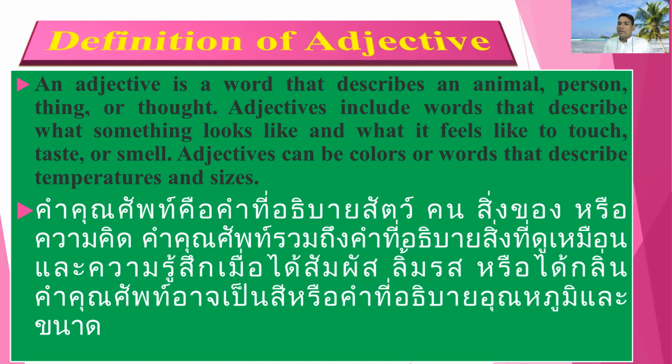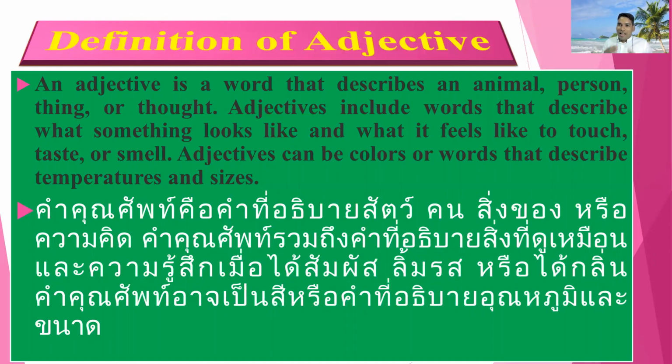I can't explain in Thai because I cannot read Thai. So in this slide, I will show how an adjective works and how we will understand this is an adjective and this is a correct adjective. So please, I will try to read and then you try to understand that adjective.